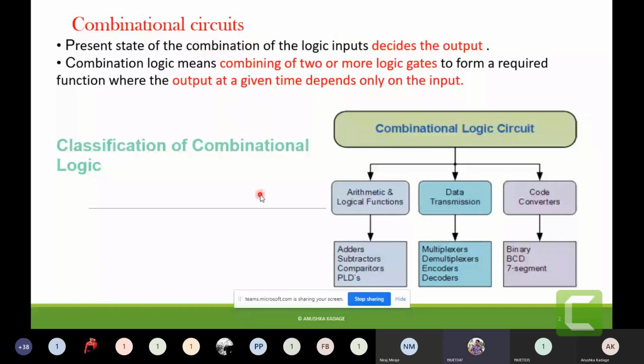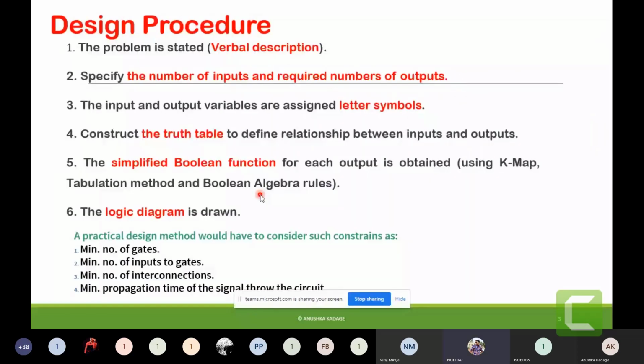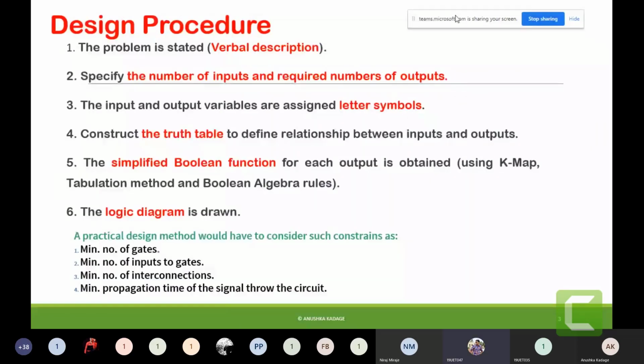So first, what is the design procedure for any combinational circuit? The first step is that your problem will be stated in verbal form. From that problem statement, we have to define how many inputs will be needed and how many outputs are going to be generated from that circuit.